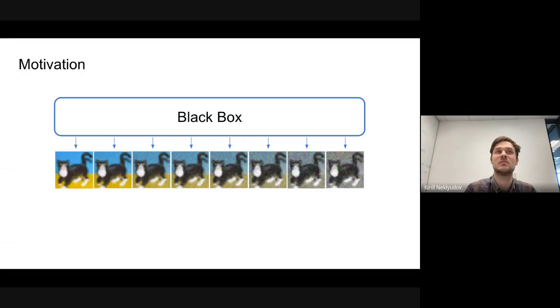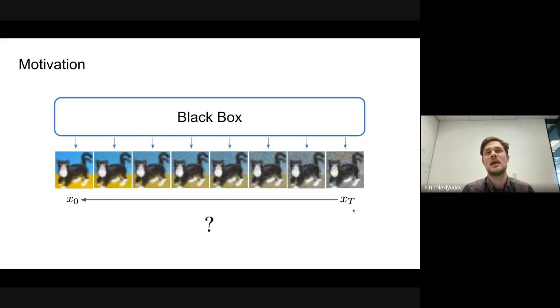We're not sure how to describe this process, but we understand that the distribution changes in time, from time 0 to some time capital T, and we would like to reverse this process in time. We don't really know what the process is, but we have access to samples at all the time points. That's basically the problem setup.